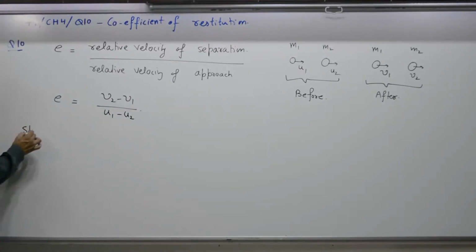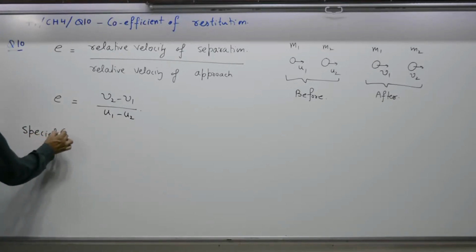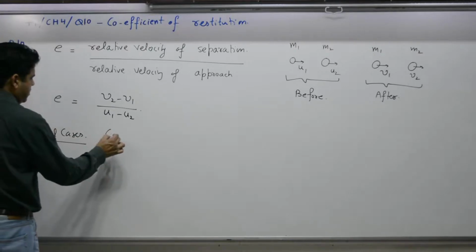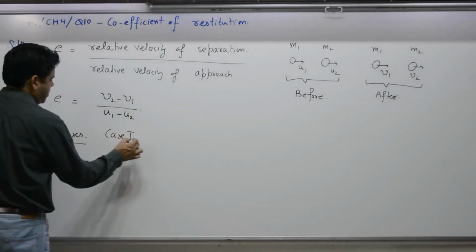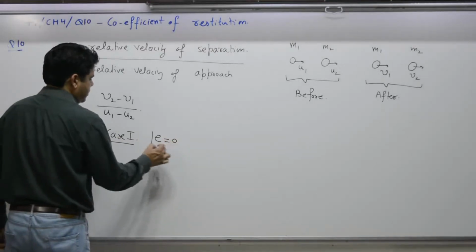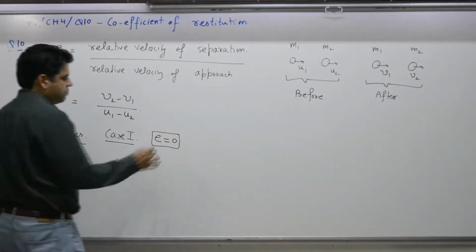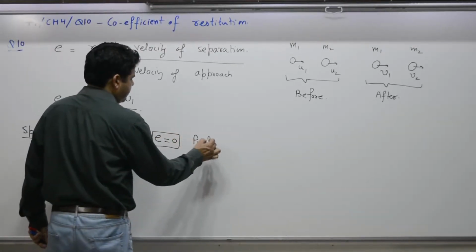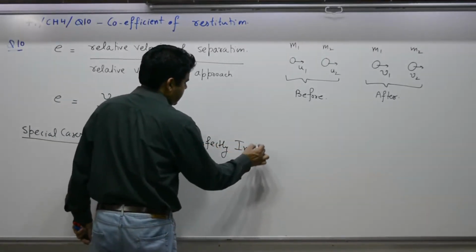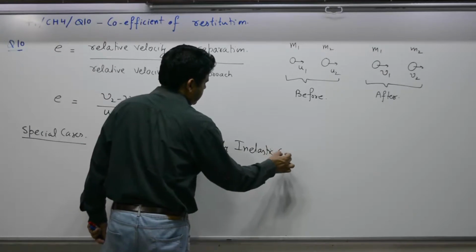Special cases. Case 1: E equal to 0, a perfectly inelastic collision. How?